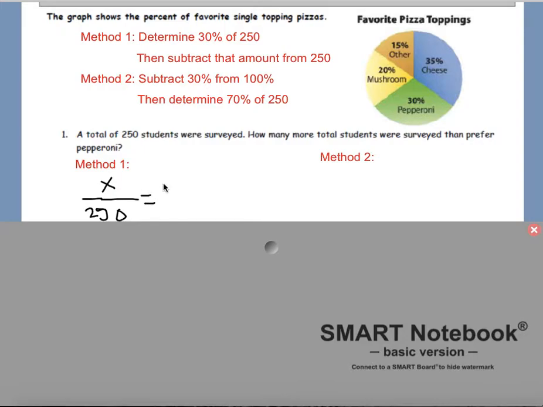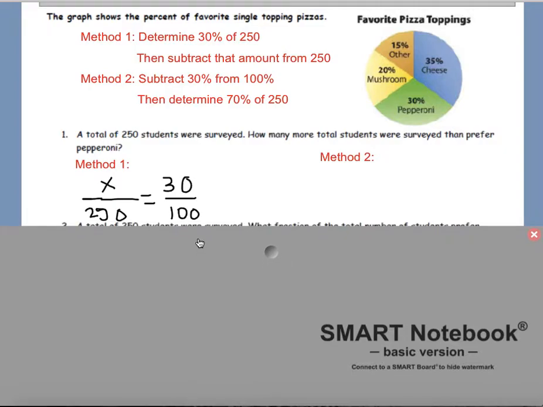Our percent is 30, and we can set that over 100. If you notice, we cannot easily go from 100 to 30. We could go from 100 to 250 if we multiply by a decimal. If you do not want to multiply by a decimal, then we can divide both of these by 10.